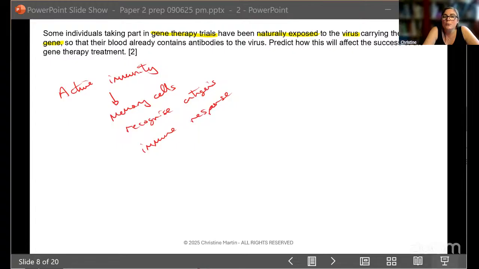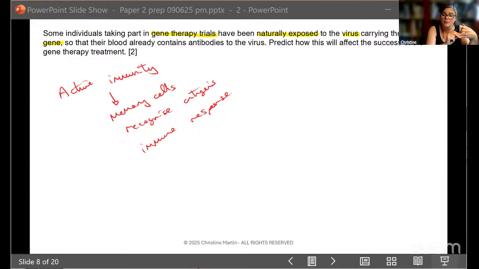So what's important for you to note here is that if they're asking a question like this, they're expecting you to pull that information forward so that you can say, how will this affect the success of gene therapy? Well, if we're talking about the success of gene therapy, we need to think about our immune system fighting against that virus. So therefore, we already have antibodies, we already have an immune response that's going to try and destroy and attack that vector.